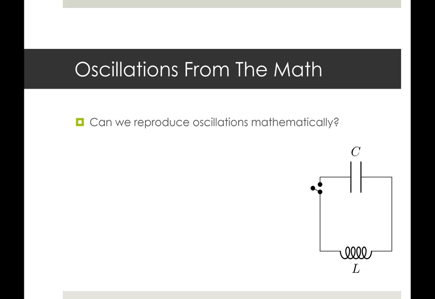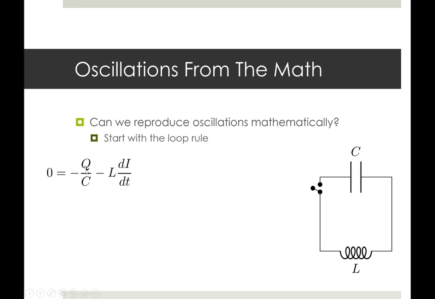And we did this qualitatively to begin with, so it would be nice if we could develop a more rigorous approach. Now we're going to dance around the edge of this a bit, because I'm not looking to get too deeply into the differential equations here, but it is not awful. We would start with the loop rule. We would say any voltage you gain over the capacitor must be equal to that which you have on the inductor.